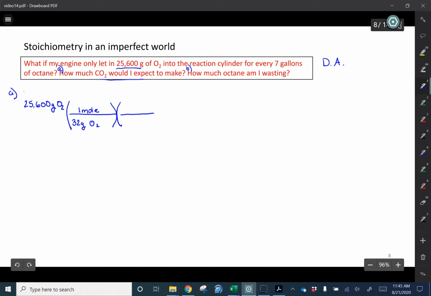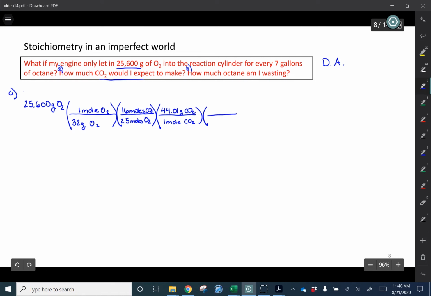And if we go back to our balanced chemical equation, we know that we use 25 moles of O2 for the 16 moles of CO2 that we get out. So now we've converted to moles of CO2 and we want to go to grams of CO2 before we can convert to pounds. We know that 1 mole of CO2 is 44.01 grams.